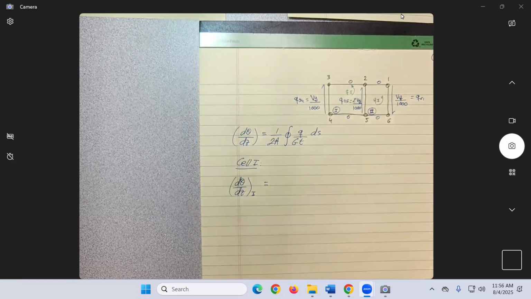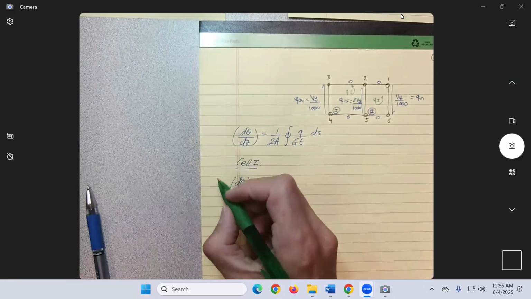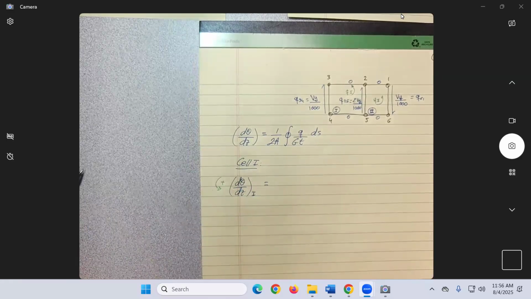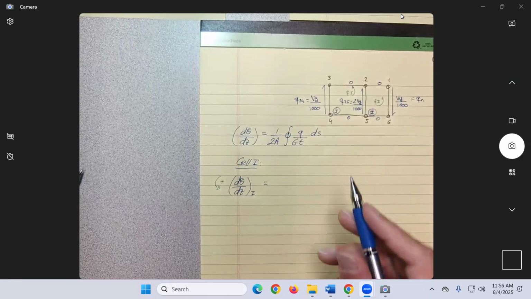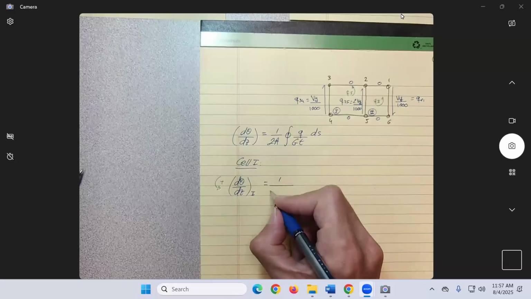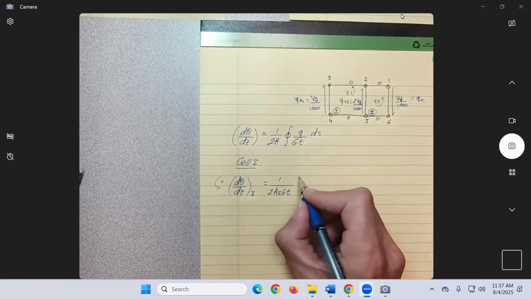And remember, when we do the angle of twist, this is like taking moment. Let's say we go counterclockwise, positive. In this problem, everything is made of the same material, so we can factor out 1 divided by 2 a sub 1 gt. Everything is the same thickness.